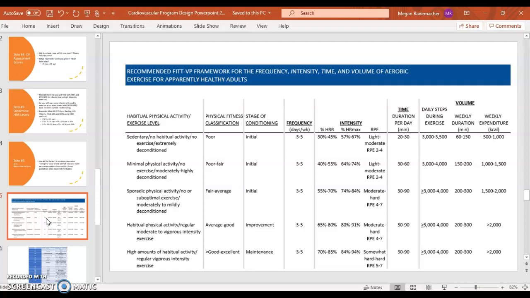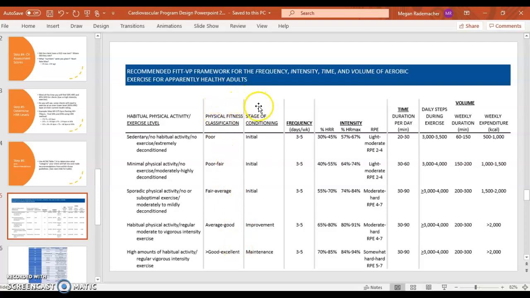But the idea here really is to determine with your client what habitual physical activity or exercise level they fall into. You have 5 options, so sedentary, minimal, sporadic, habitual, and then high amounts. The next column will be their physical fitness classification. So are they in poor physical fitness, poor to fair, fair to average, average to good, or good to excellent.